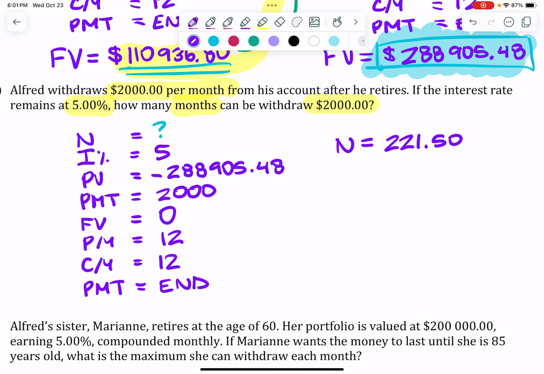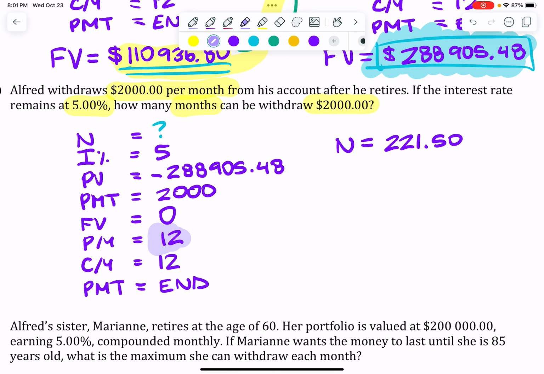Because N stands for the total number of payments. Alfred's making payments monthly. So if N, the total number of payments, is 221.5, it's technically the same as the number of months, because if he's making payments monthly, the number of payments is the same as the number of months. It's in the same unit as my PY.